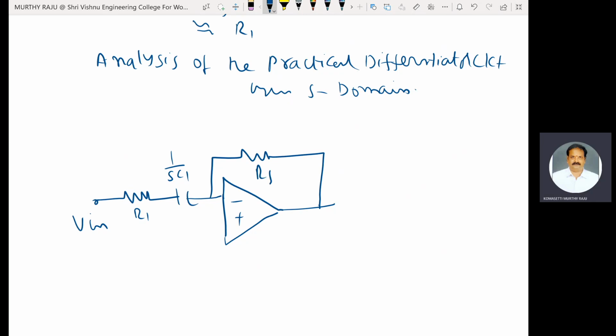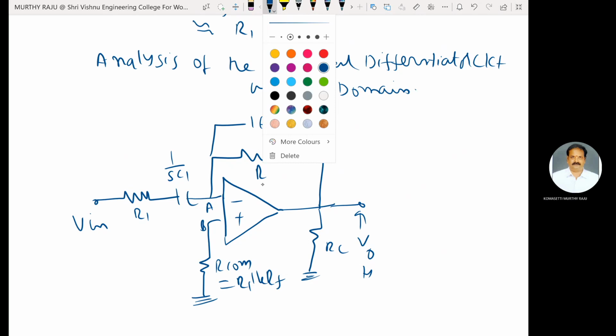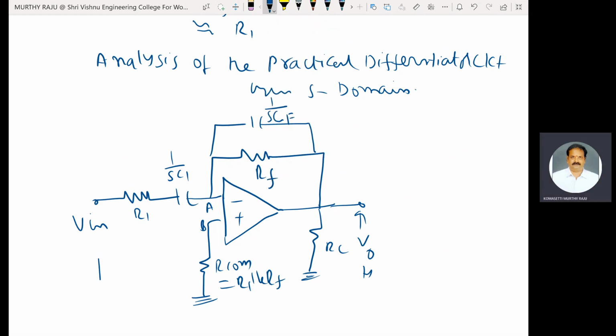This one is RF in parallel with 1 by S CF. This one is load resistance RL. This one is V0. Point A, point B. This one is R compensation, that is equal to R1 parallel to RF.